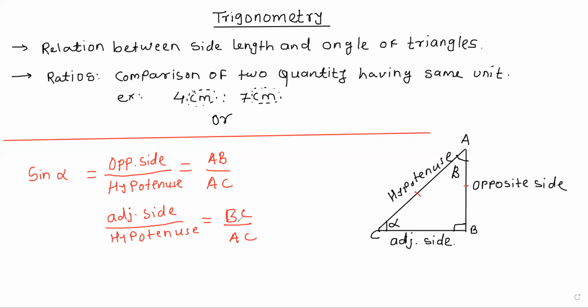Again, trigonometrically, we represent this ratio as cos alpha. Let me change the color. So we have compared this side and this side: we get the ratio cos alpha for the adjacent side upon hypotenuse, and for the opposite side upon hypotenuse, we get sine alpha.